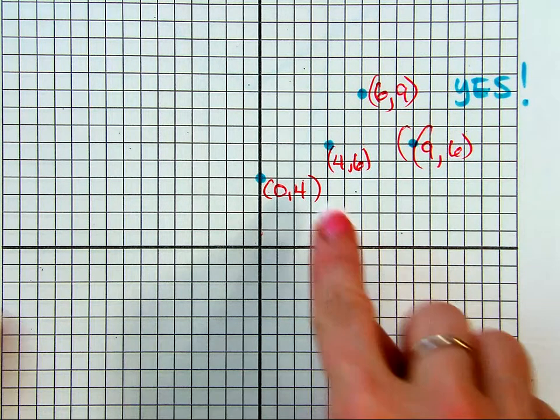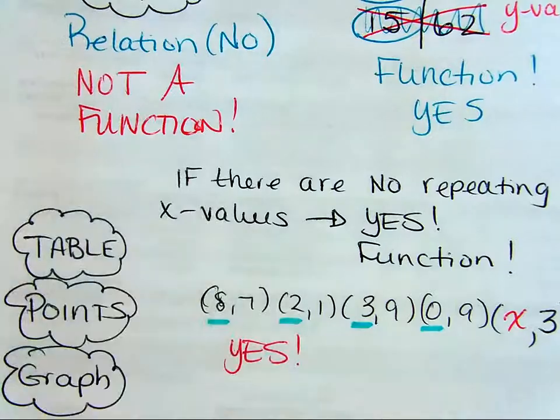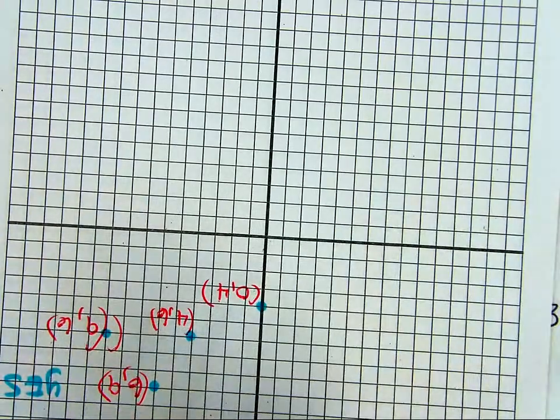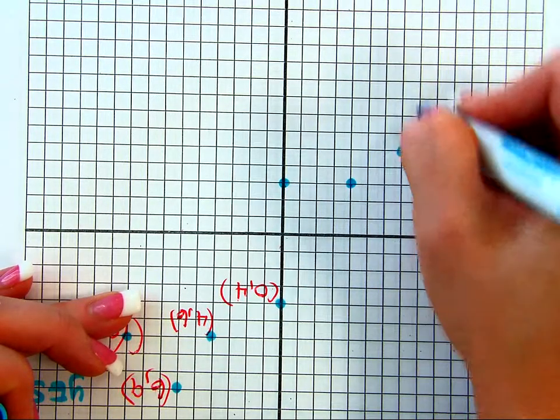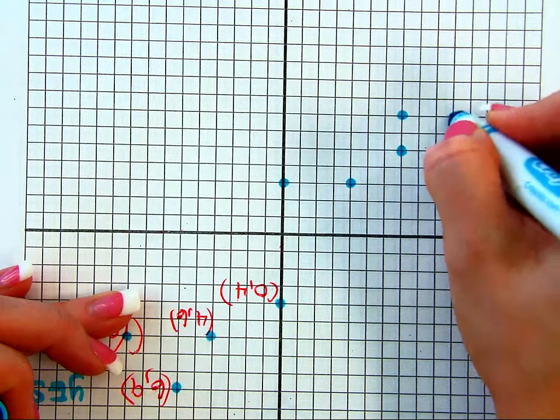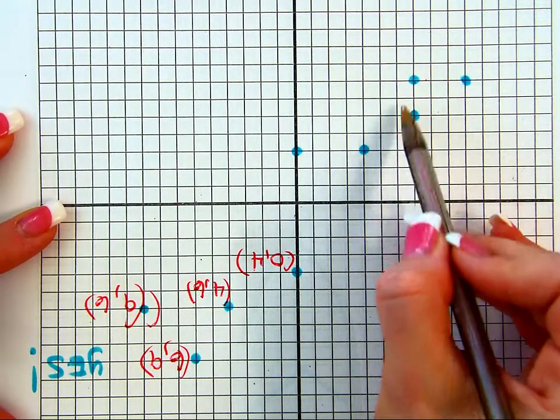There's a shortcut for you to be able to tell that. You're not going to have to label those points every time. What if I just flip this upside down and use this? What if I said here, here, here, here, here? Do you think that's a function? Why or why not? And tell me, which 2 points are you looking at that really, it's either these two or these two?